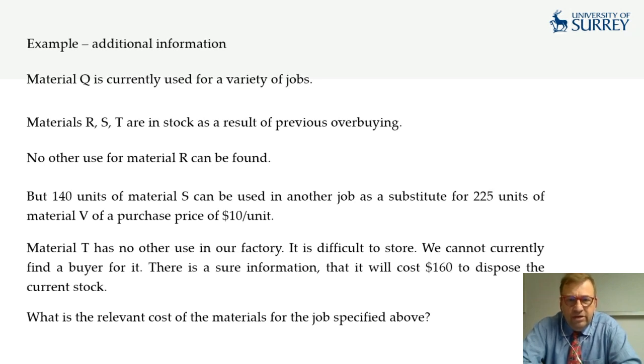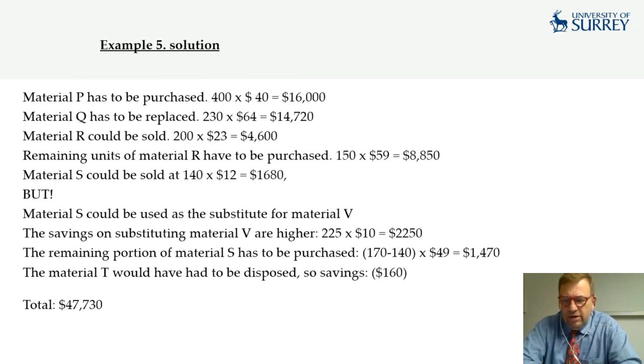What is also sure is that it will cost us $160 to dispose of this material. Therefore, in our proper valuation, we find that it would have to be disposed. So, if we do not use it for our job and our project, we will have to spend $160 to dispose of it.